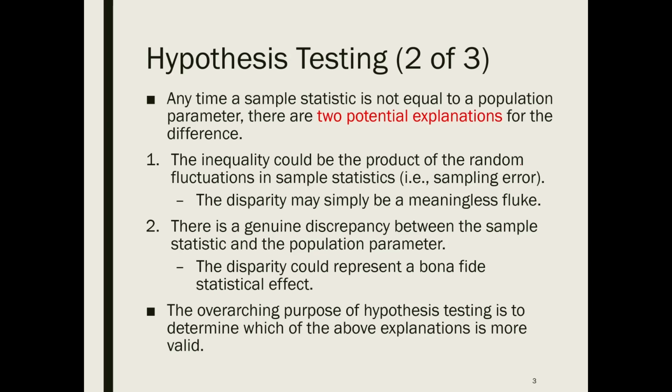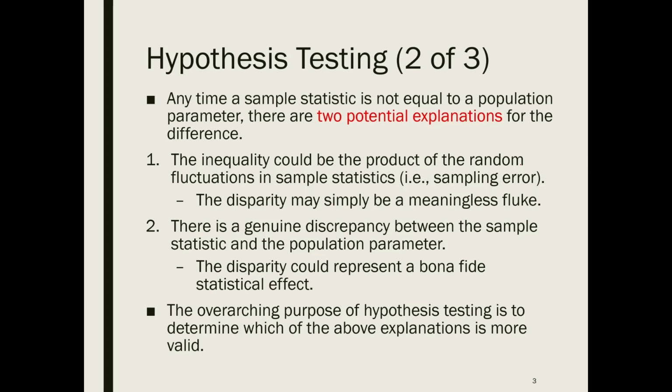The first potential explanation is that it comes purely from sampling error, something that naturally happens that we cannot control. And the second is that it comes from a true difference. Okay, there is a true statistical difference, a true statistical effect between this population parameter and the sample statistic.